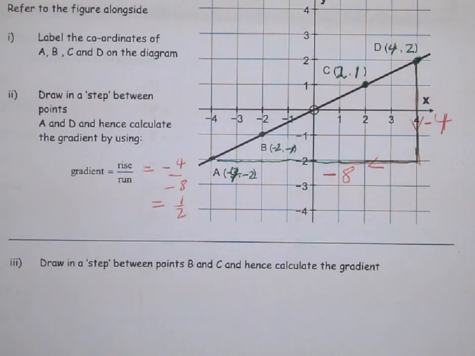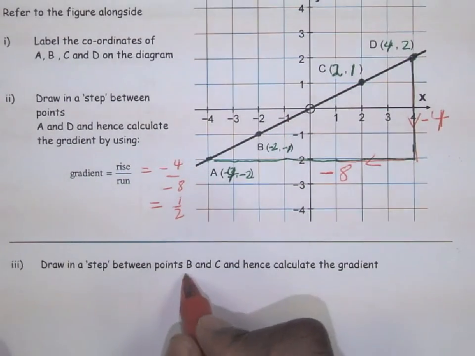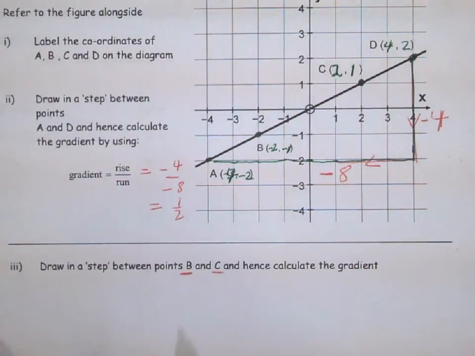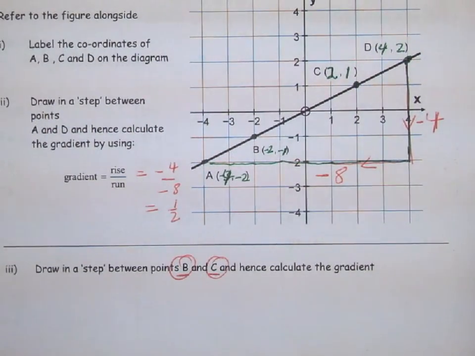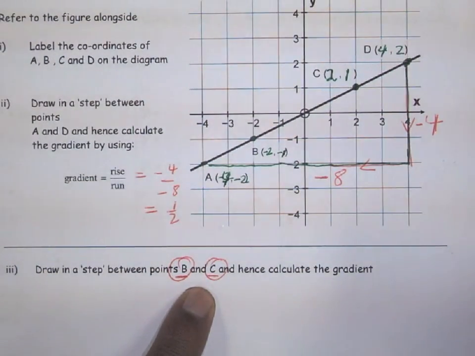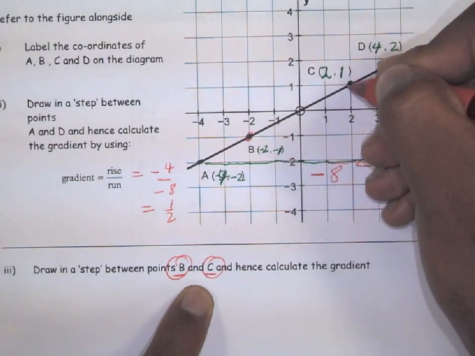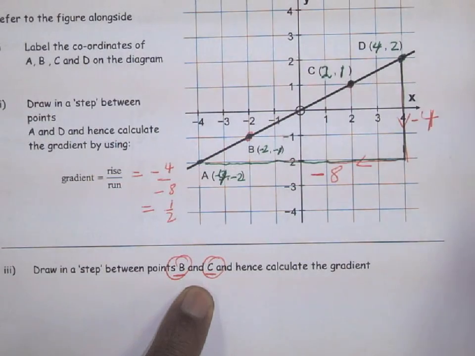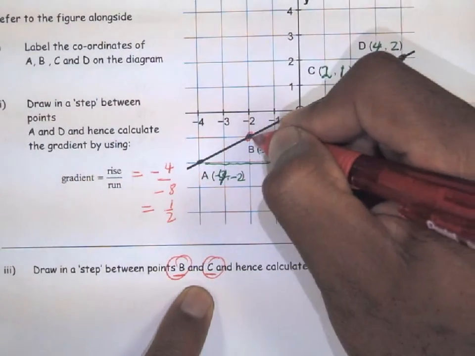Let's say now we start from another point. If you look at this question, can I use points B and C? If you have any 2 points that lie on a line, I can use them to calculate the gradient. So let's use B and C. There is B and there is C. Okay, I'm going to rise how many blocks? 1, because I want to get to that point.